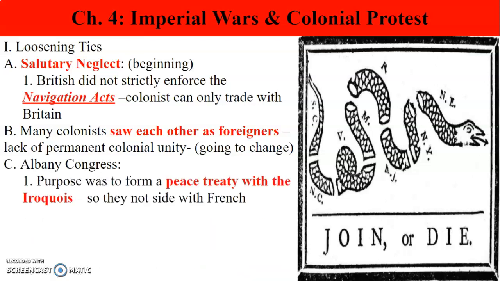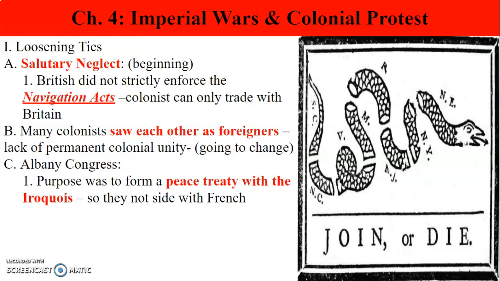We have the Albany Congress, the purpose of which was to form a peace treaty with the Iroquois. If you remember, the Iroquois are a Native American tribe up in the New England territories by New York. That's why it's called the Albany Congress.